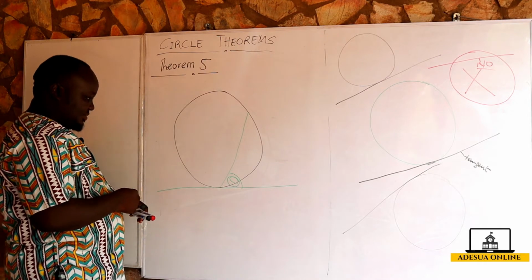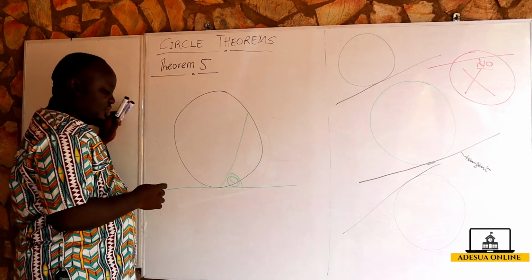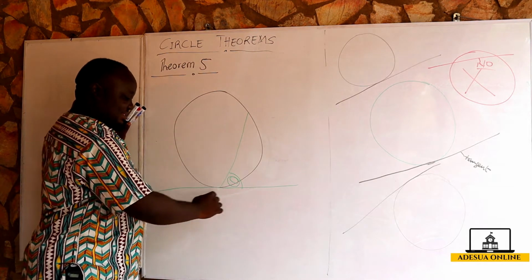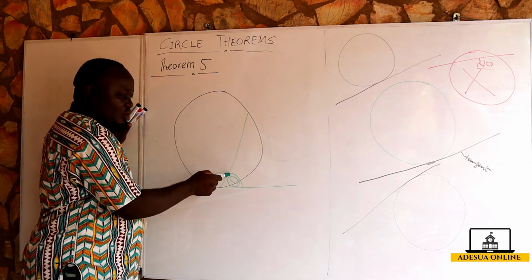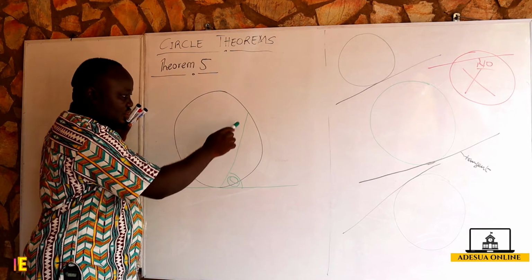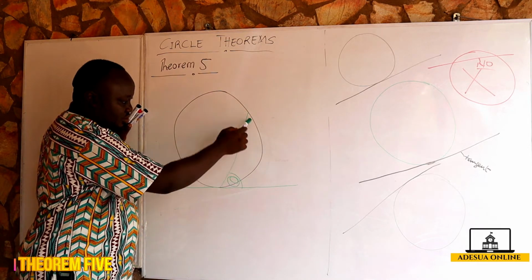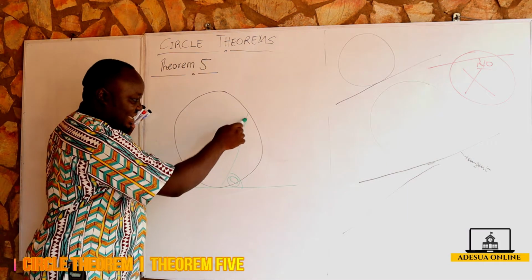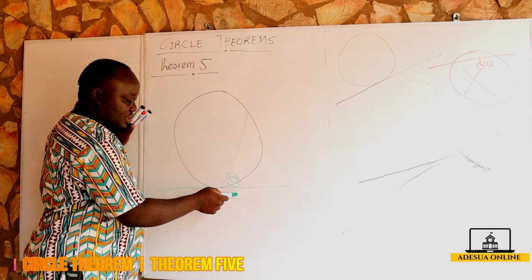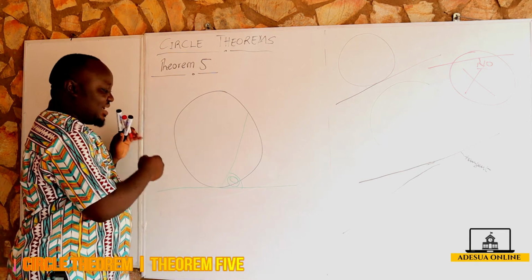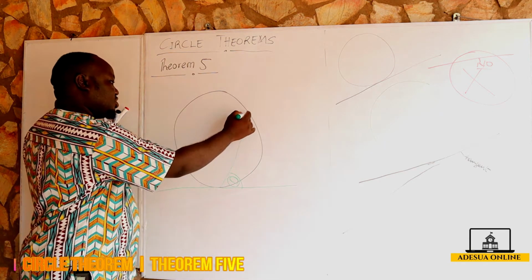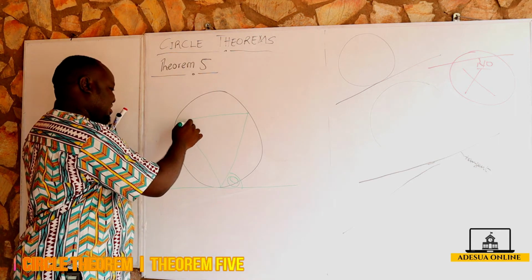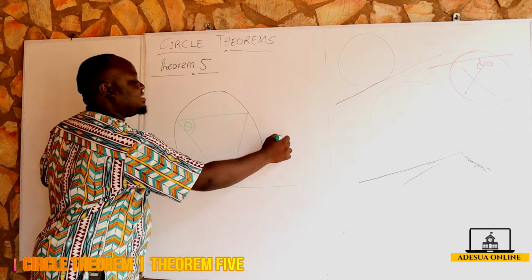This is saying that the angle between a chord and a tangent at the end of the chord, which is this angle theta, is equal to the angle the chord subtends at the circumference of the circle. So theta is equal to theta.